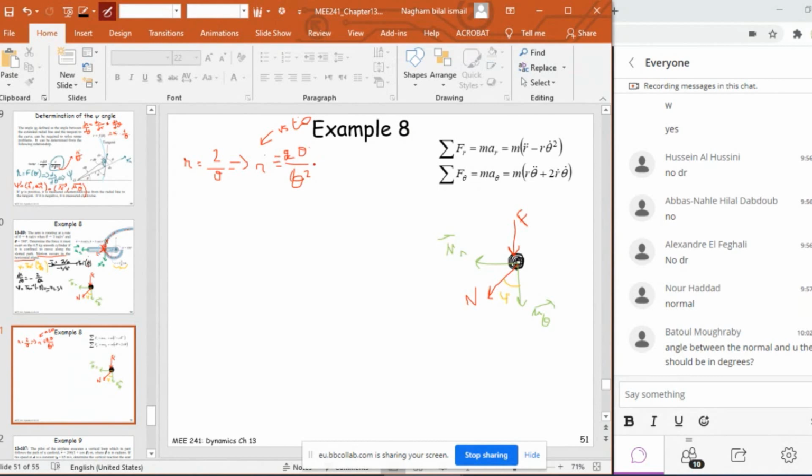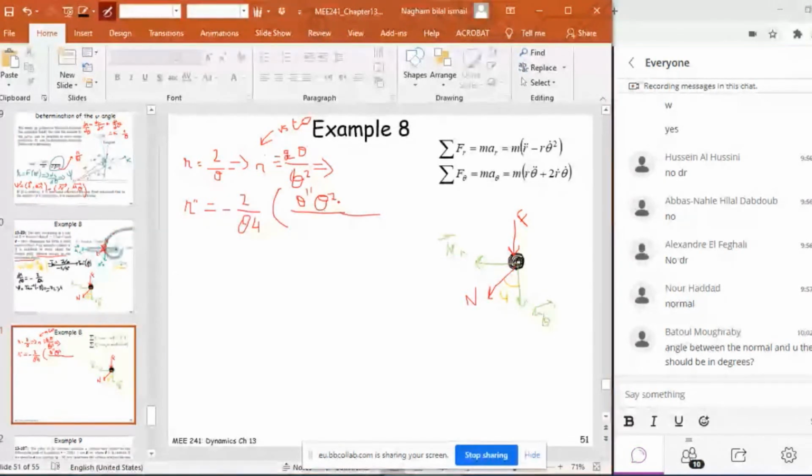It is minus 2 theta dot over theta squared, and then this means, guys, that r double dot will be equal to minus 2 over theta 4. I'm going to apply u prime v minus v prime u, right? So u prime will be theta double dot, minus v prime, theta double dot v, which is theta squared, minus v prime u, which is 2 theta dot, and I have a dot there, so it will be theta cubed.